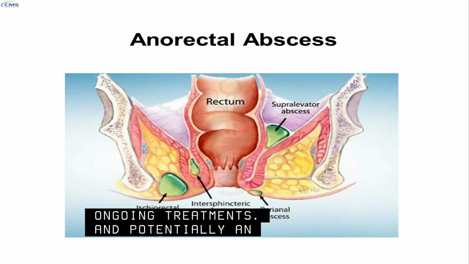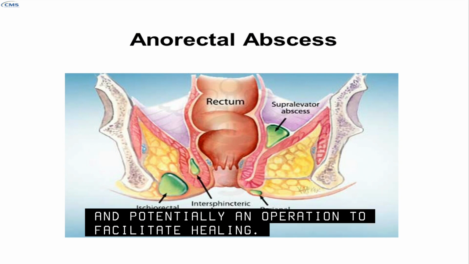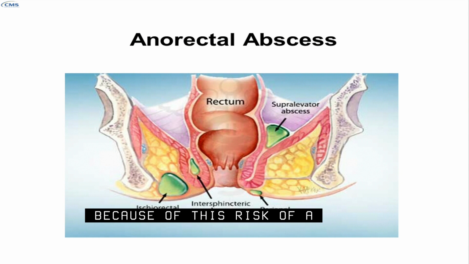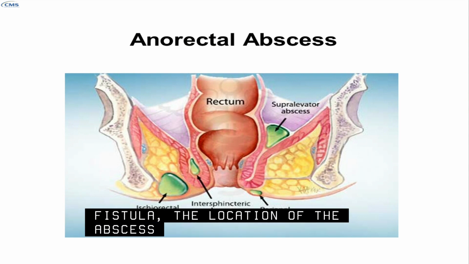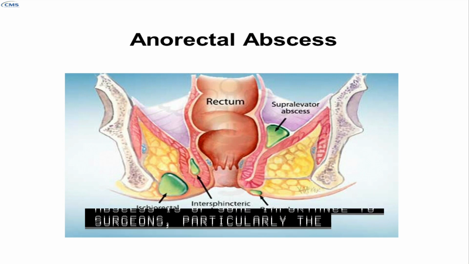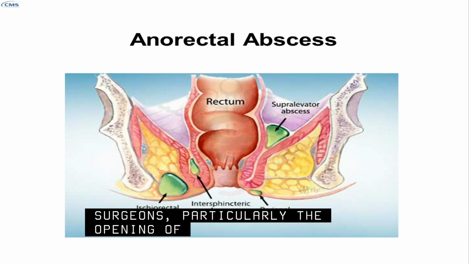Because of this risk of a fistula, the location of the abscess is of some importance to surgeons, and particularly the opening of a tract into the anal rectum from the abscess.